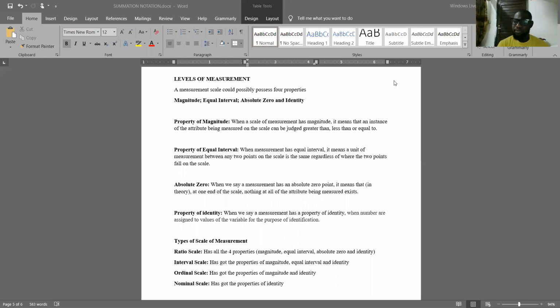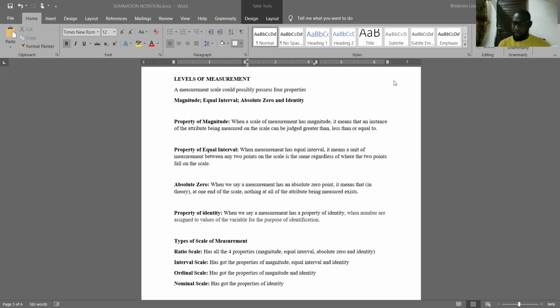So basically, what is property of magnitude? We normally say that with a property of magnitude, at some instances, that attribute that we are measuring could be judged to be greater than, less than, or equal to another attribute. A typical example is distance.